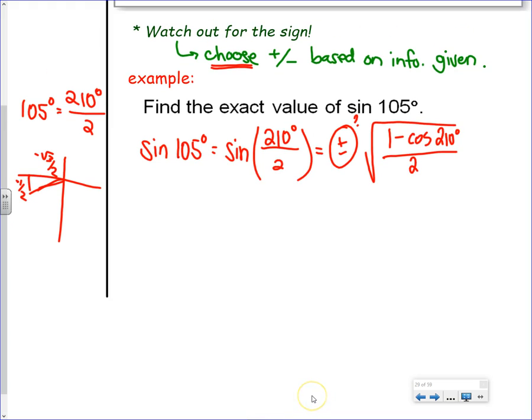Subtracting a negative is going to be an addition. So when we go to plug in, it will be the square root of 1 plus root 3 over 2. We do have a complex fraction. Some of you might want to do a common denominator up front and then divide by 2 over 1, which is multiply by 1 over 2.